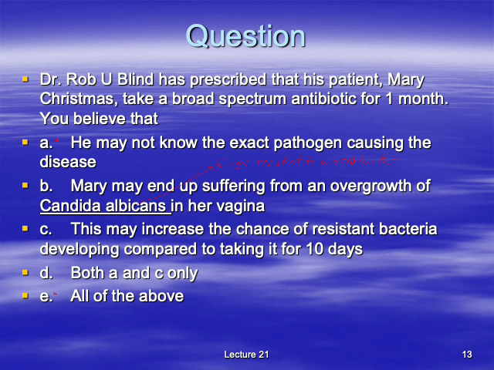And now, if all the bacterial competition is gone, this fungus is going to overgrow, and we get a superinfection. Remember, superinfection. It becomes an opportunistic pathogen. Opportunistic, and that's when you think of a yeast infection. Okay. And so that's correct.